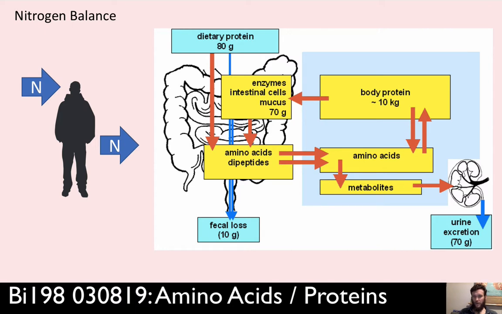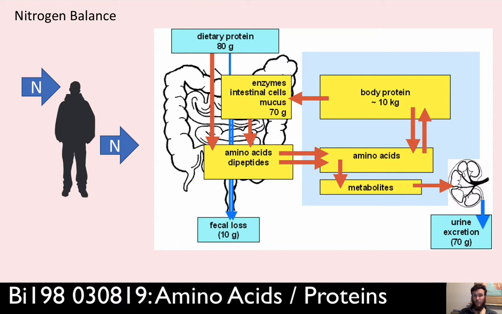Or the amino acids in the nutrient pool can get broken down themselves into various metabolites like urea or uric acid or ammonia. These are nitrogen-containing compounds that are water soluble and are filtered out of the blood into the urine.